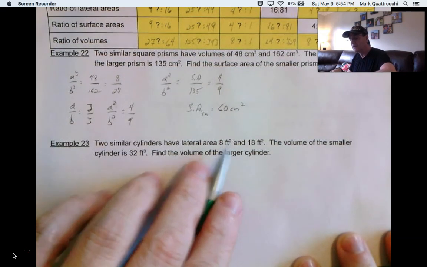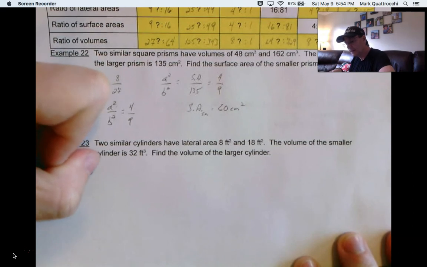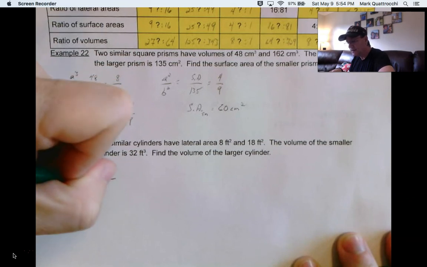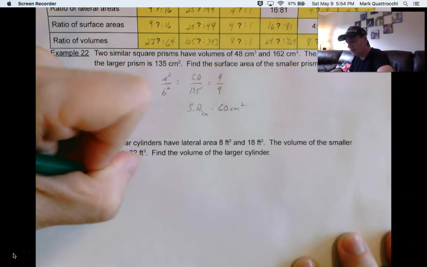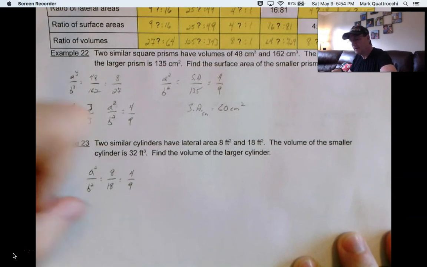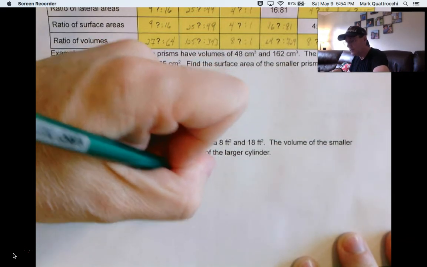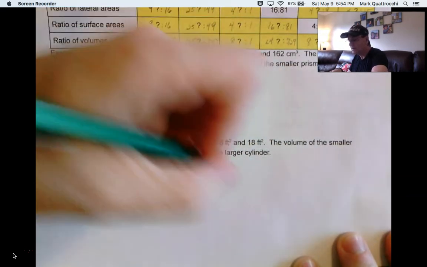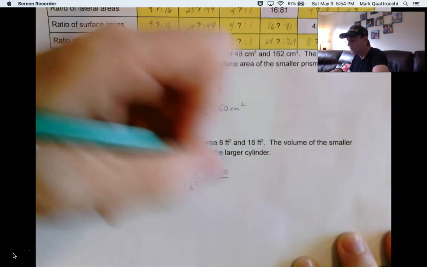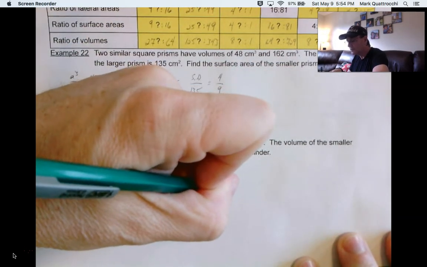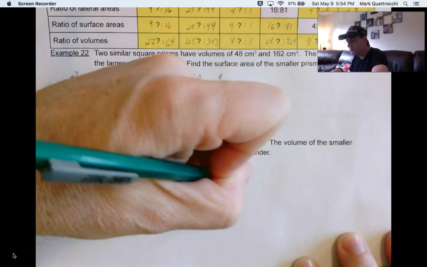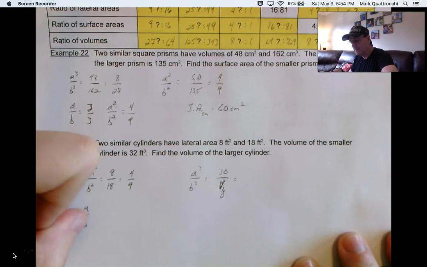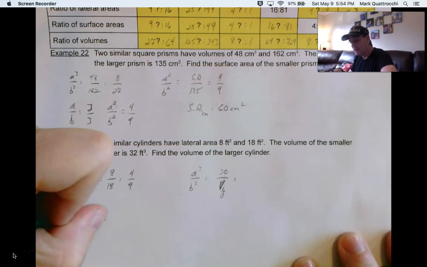So I'm giving you this time the A squared to B squared ratio. A squared to B squared ratio is 8 to 18, or 4 to 9. I need the A cubed to B cubed ratio, which is going to be the 32 over the volume of the larger one, the unknown larger one we've got to find. So the A to B ratio, again, is 2 to 3, like in the previous problem.